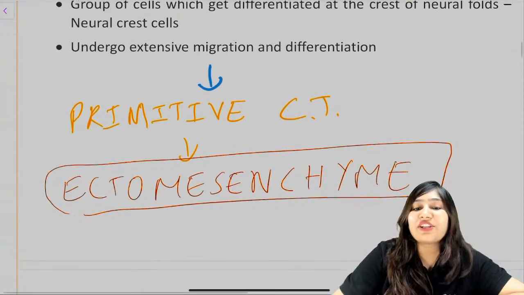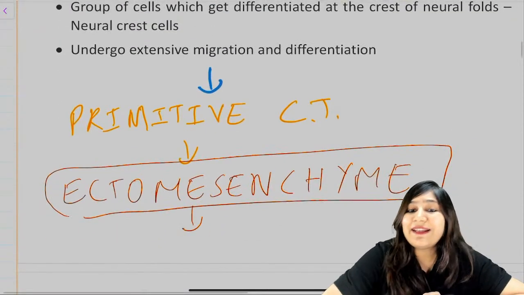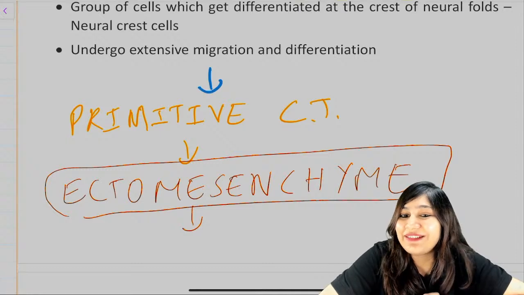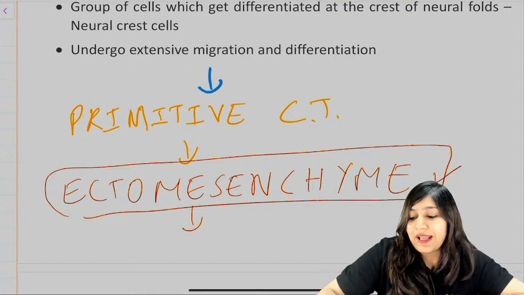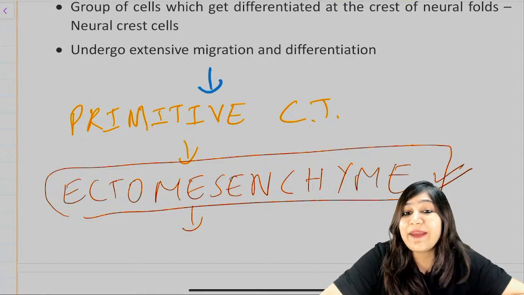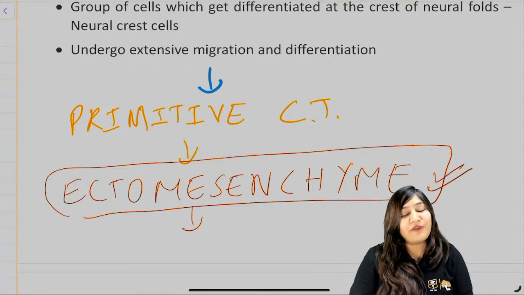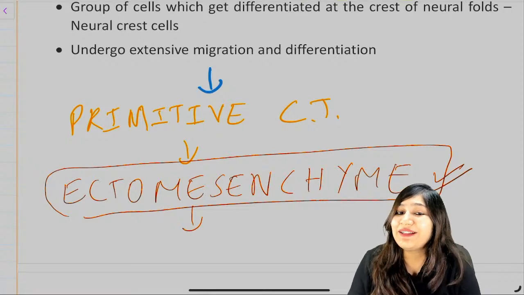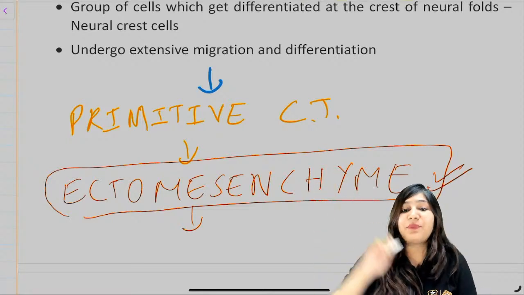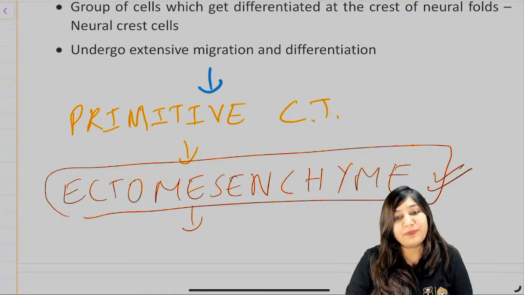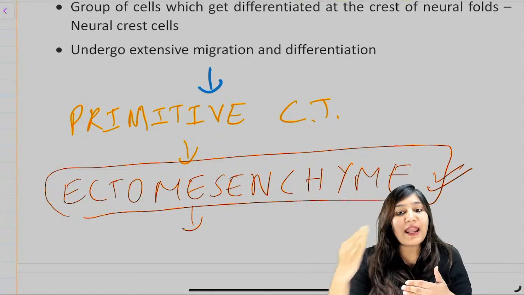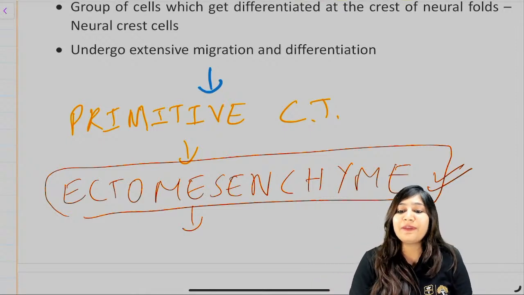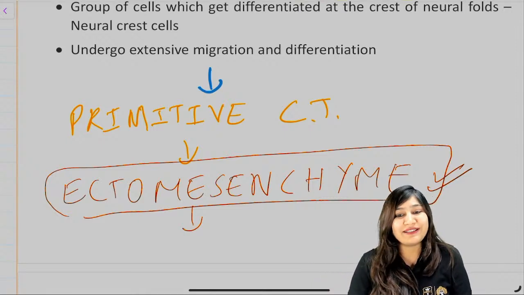It is involved in the formation of all the dental tissues except enamel. So all the dental tissues are basically formed from ectomesenchyme except enamel. So enamel will be formed from which portion? Epithelial portion, which is the ectodermal portion. So basically ectoderm and ectomesenchyme are involved in tooth formation.